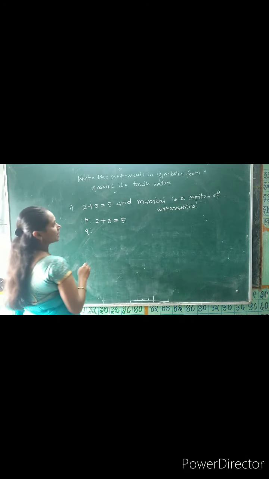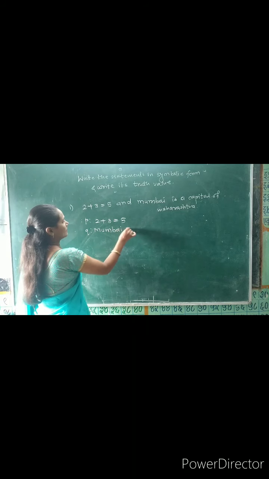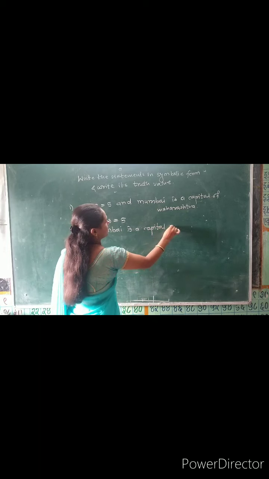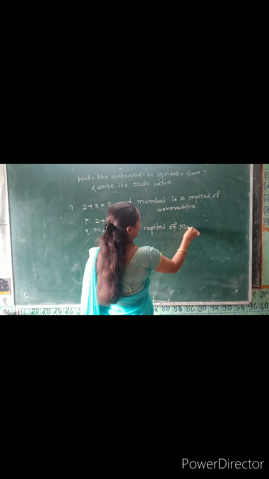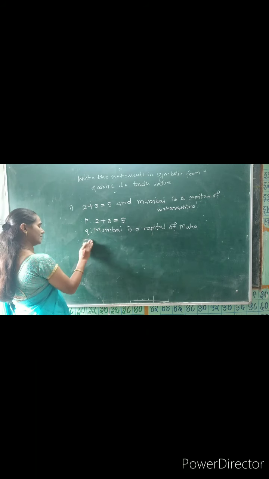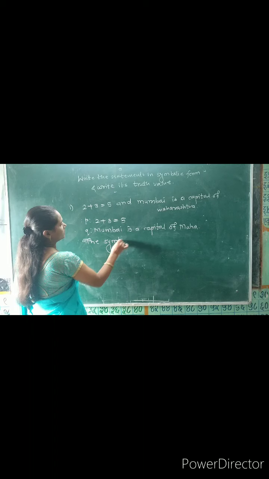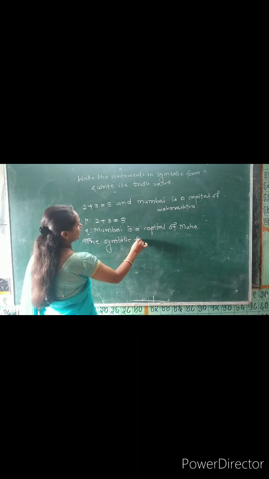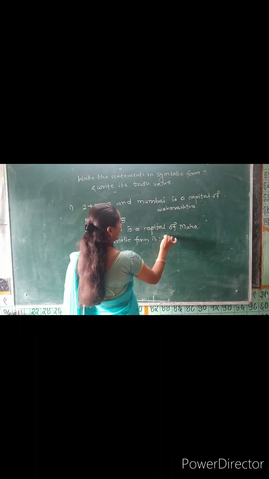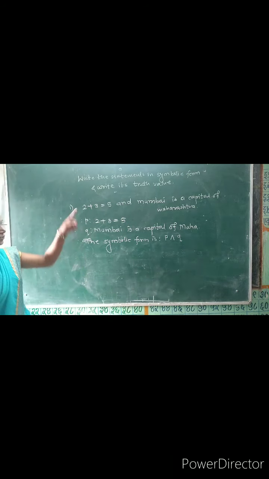Q statement, Mumbai is a capital of Maharashtra. Therefore, the symbolic form is P and Q.